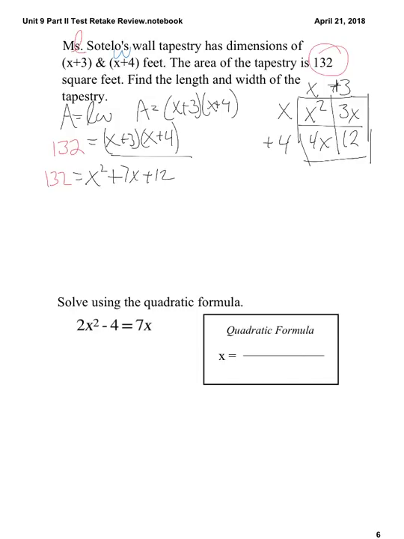Okay. Now, to solve this problem for x, this needs to be equal to 0, which means I'm going to subtract 132 from both sides of the equation. When I do that, I'm going to have 132 minus 132 is 0, and I will be left with x squared plus 7x minus 120.